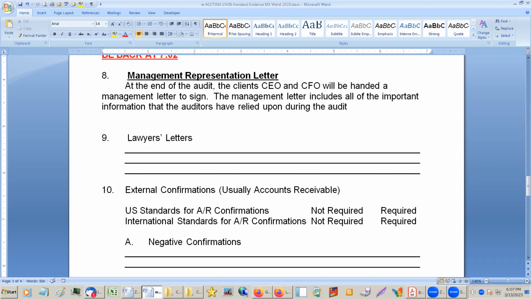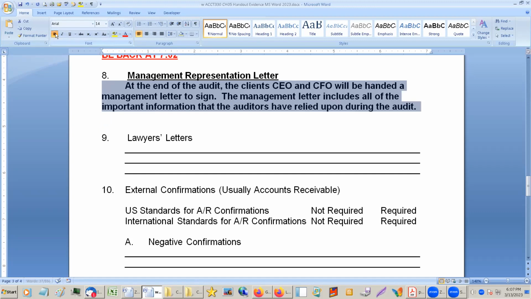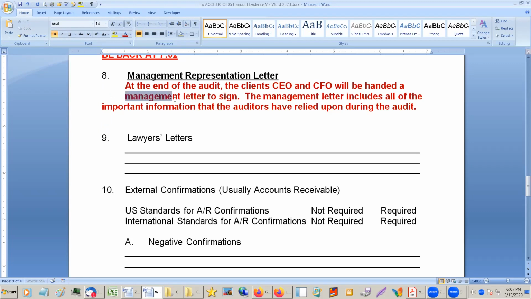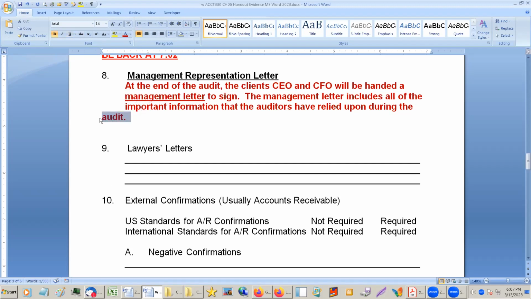There's a big list of stuff that goes in here, and basically some of the things that will be in there are that all information was given to the auditors, and the financial statements are fairly presented.